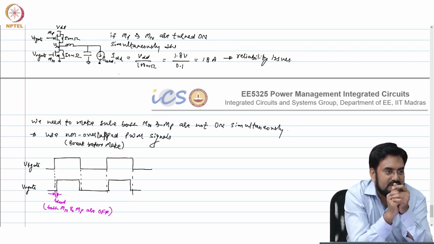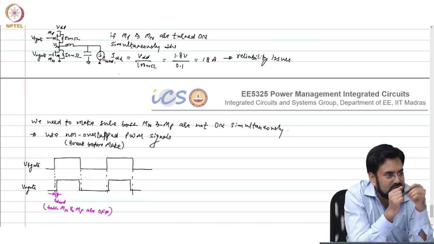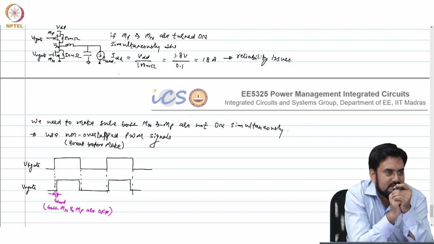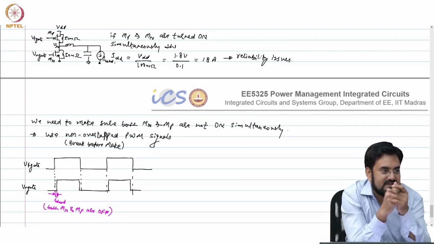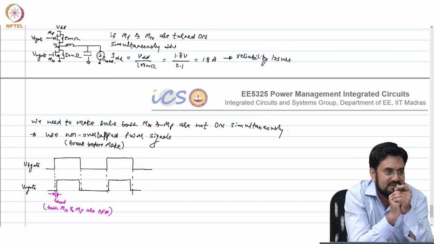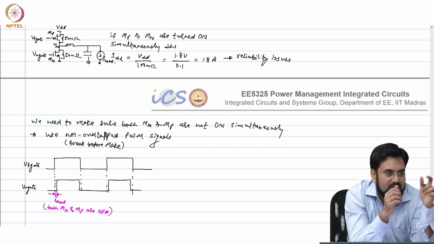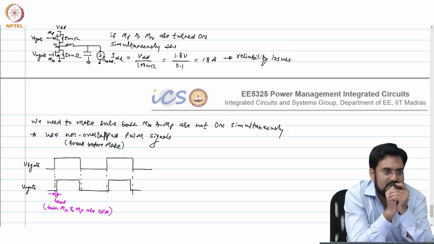Current cannot be zero, so where will that voltage go? It will start going negative. And if it goes below the negative voltage rating of these devices, it may even damage your device. So you should not allow this to go to a large negative voltage, otherwise it may damage your device.